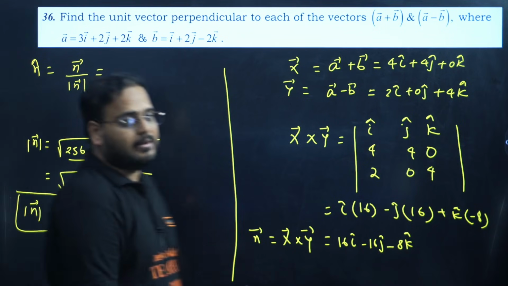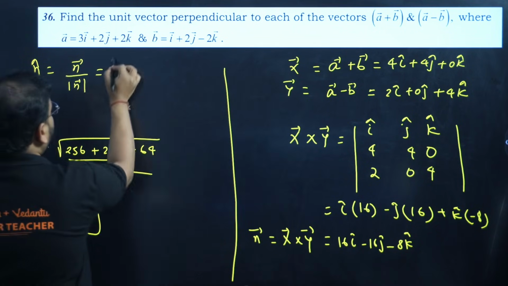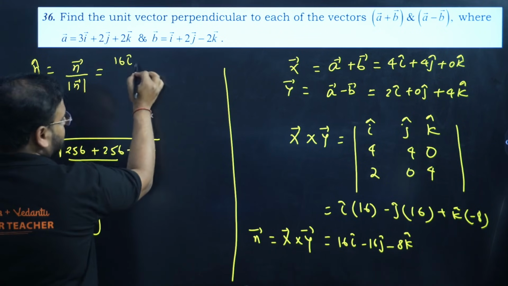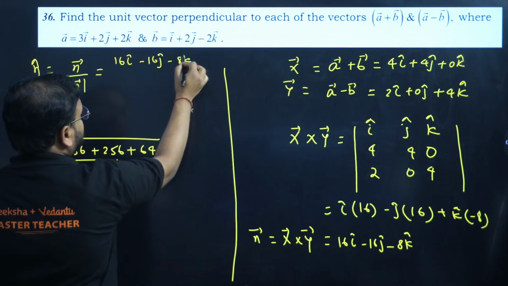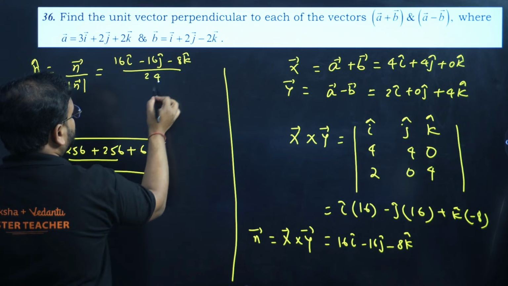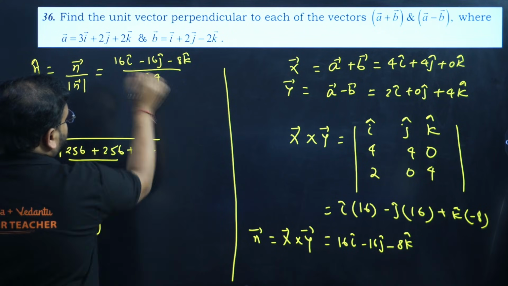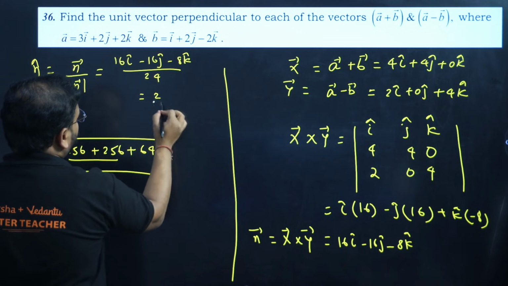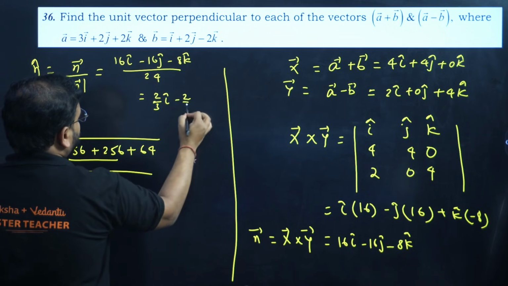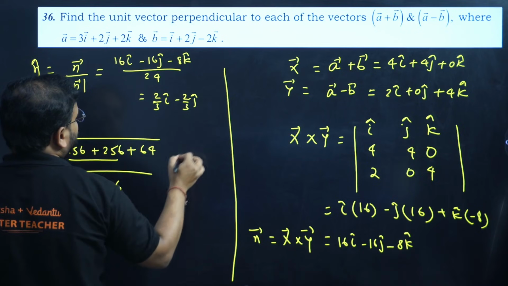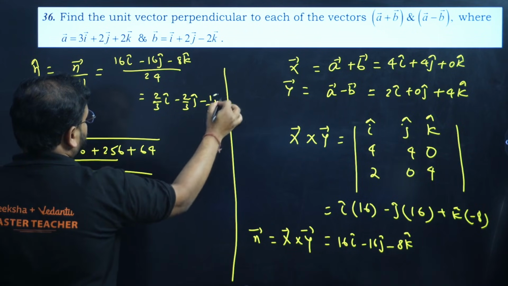What is the value over here? Check this out. 16 i cap minus 16 j cap and minus 8 k cap by 24. So this answer is what? Individually, 16 by 24 will be 2 by 3. So 2 by 3 i cap. Again same thing, 2 by 3 j cap with a negative sign and minus 1 by 3 k cap.